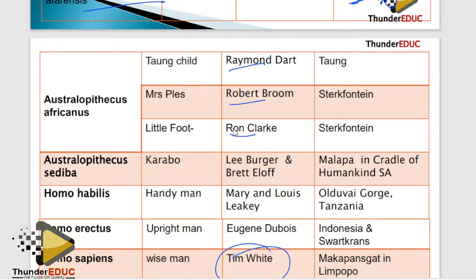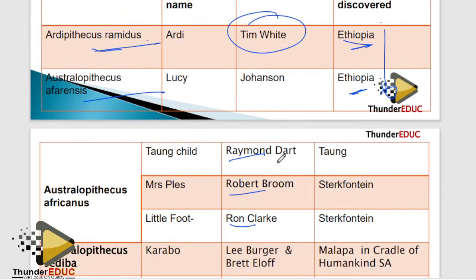So they cannot ask you about Taung Child, Littlefoot, Mrs. Ples, and then you start thinking about Lady Berger. All of them start with R. Is it clear? Yes. Taung Child, Raymond Dart. It has the A, it has the A. Is it clear? Yes.